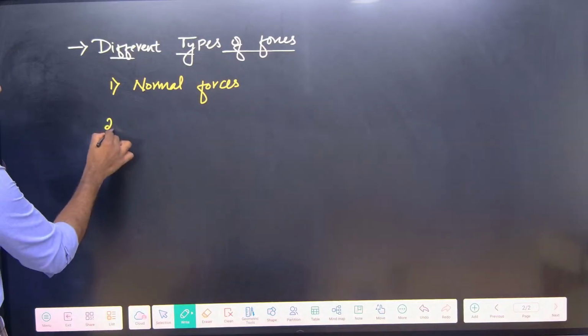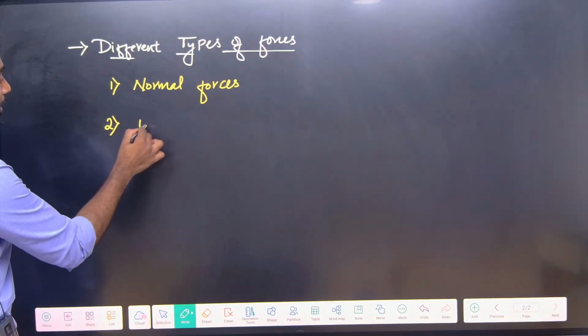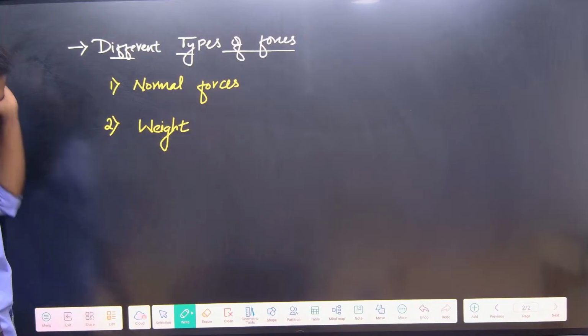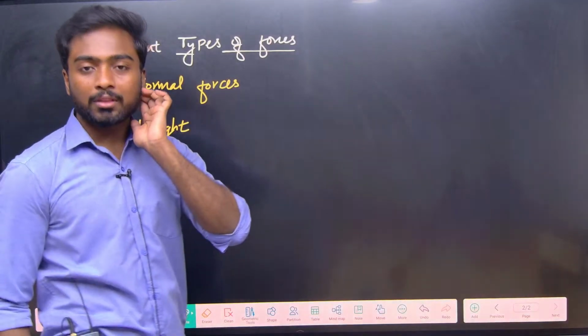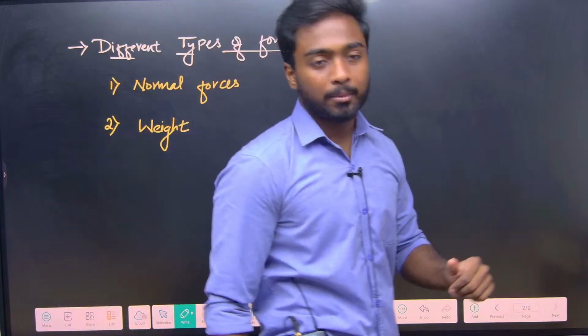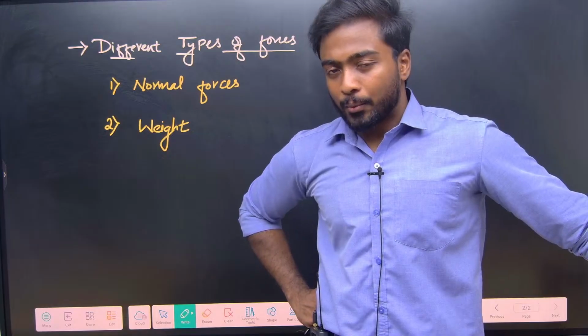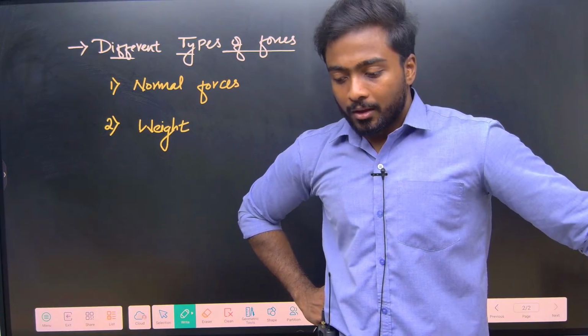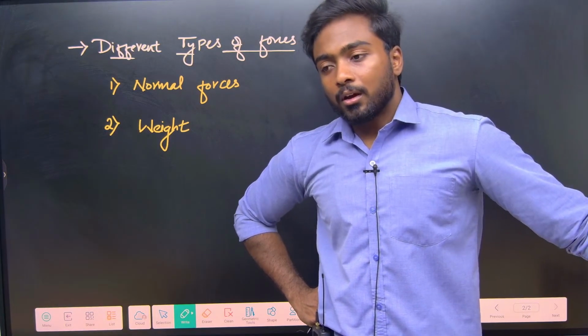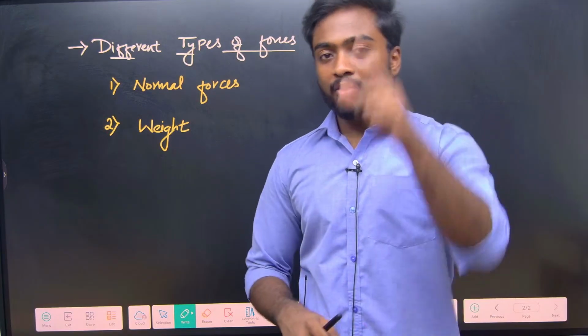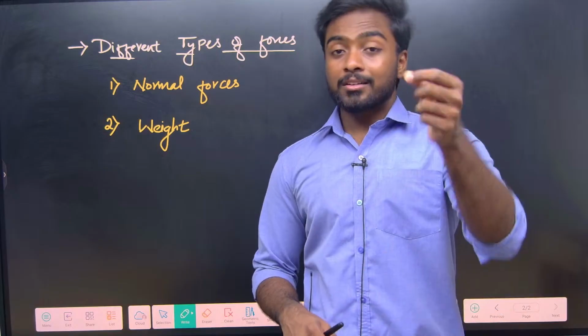Second one, if you see, weight. Sir, what is the difference between the weight and the mass? See, one is a scalar quantity and one is a vector quantity. When we are talking about gravity, what is the direction of the gravity? It's always towards the center of the earth, right?